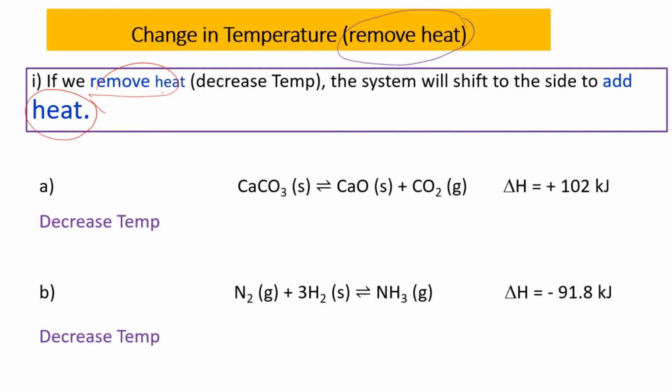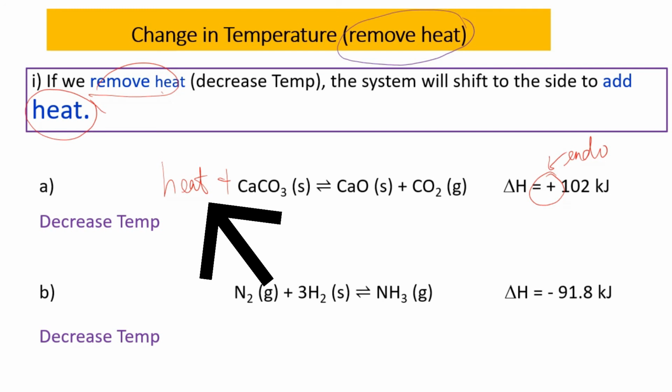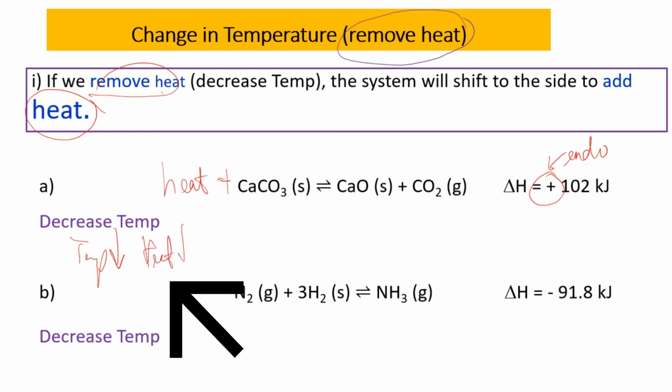Okay, so let's look at the first example. When the delta H is positive, means endo. Again, endo means we need to absorb heat, so the heat is on the reactant side. When we decrease temperature means we reduce heat. Heat is reduced, so heat is not so much.